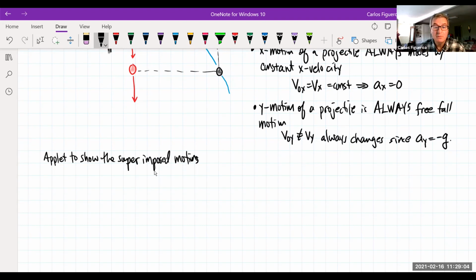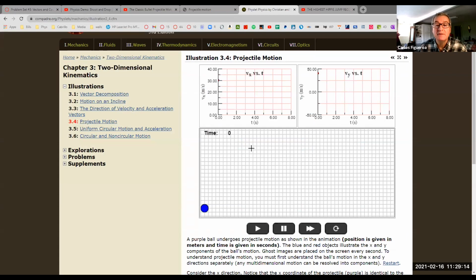Okay, so check this out. Let's look at this applet. I'm going to share my screen. I'm assuming you're seeing my screen right now, and what you're seeing is a blue ball that starts, and as soon as I click on it, look what happens.